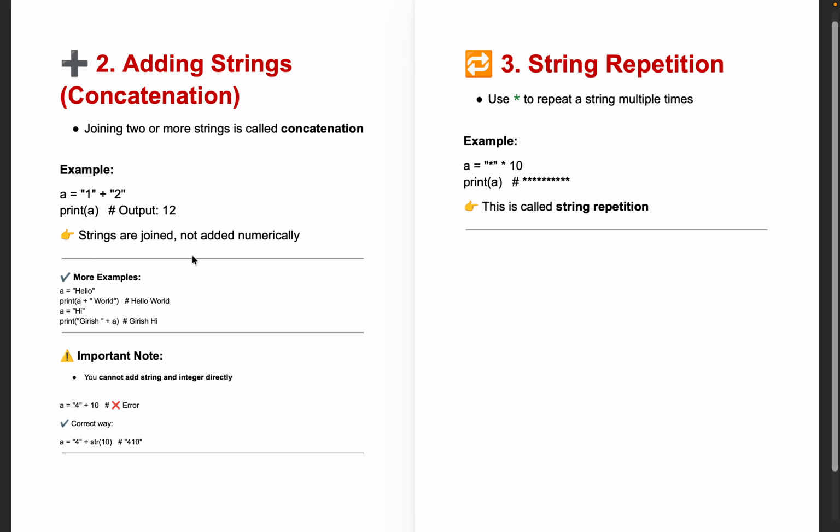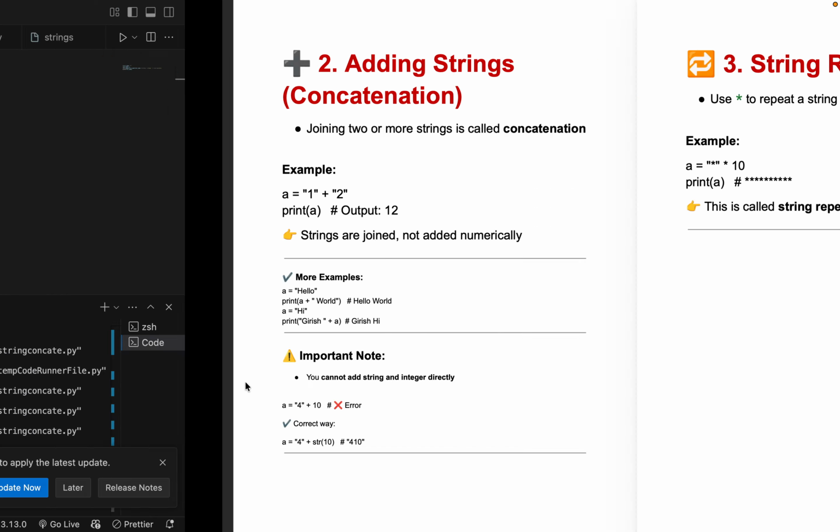Strings are joined, not added numerically. Like hello and then world, the output will be hello world. Important note: you cannot add string and integer directly.